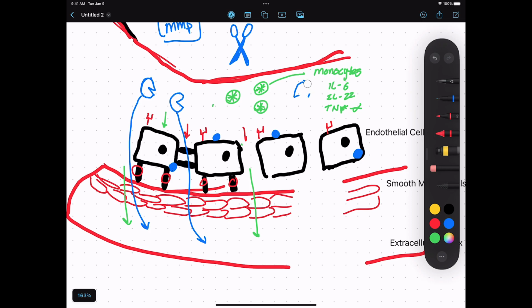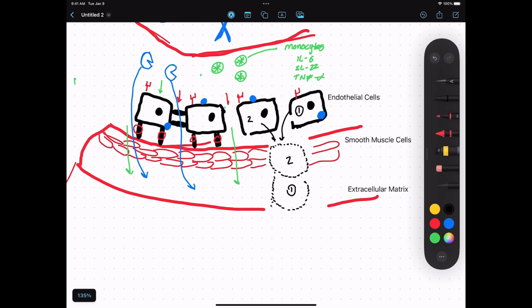Well, when we were talking about the migration before, that will allow this endothelial cell right here to begin to migrate, and when it migrates, it moves. Now a path has been cleared, and then let's say this cell migrates as well. We could say this is 1 and this is 2. That can continue to happen, so we can get another cell migrating here and another one here.